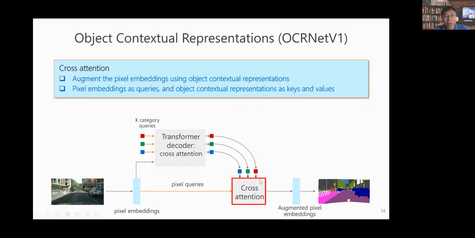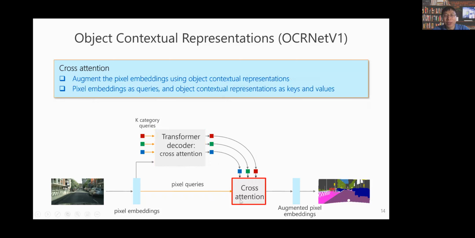For the second cross attention module, we want to augment the pixel embeddings by using the output of the first cross attention, the object contextual representations. Again, we want to aggregate the category embeddings according to their similarity between the pixel queries and the K categories.